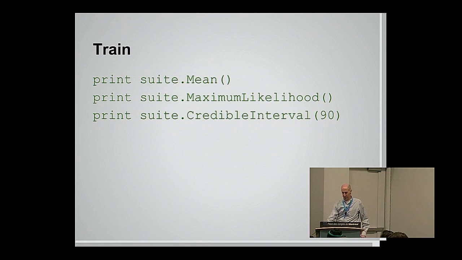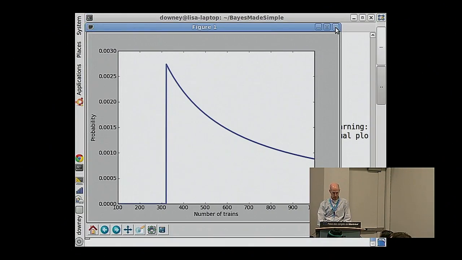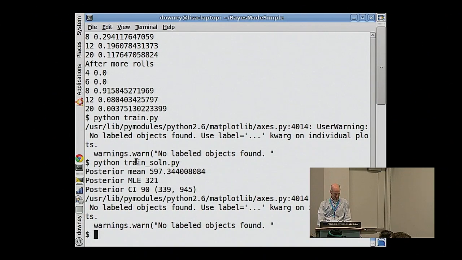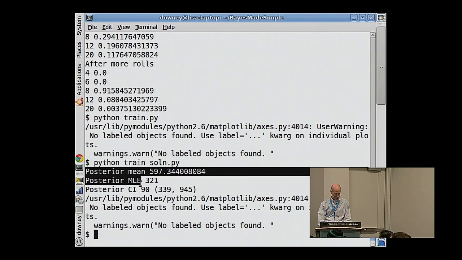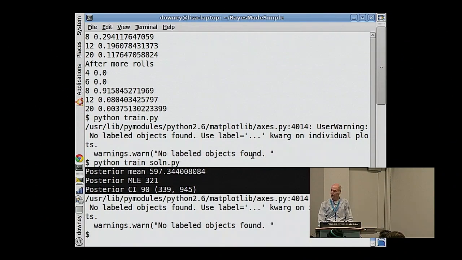And so if you run those, here are the results. Okay. So the mean of the posterior distribution is 597 trains. And again, I like the intuition of that.